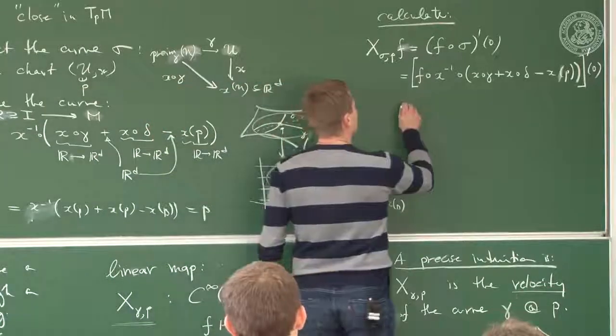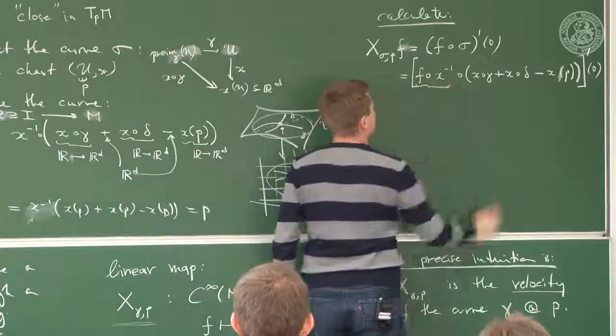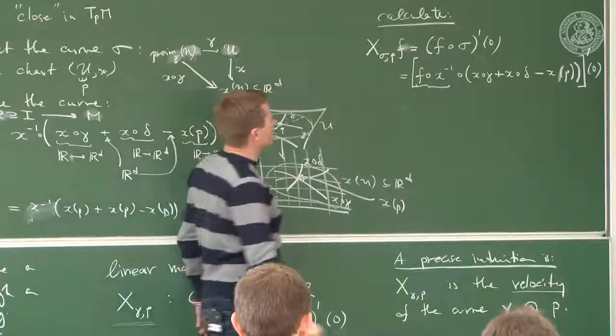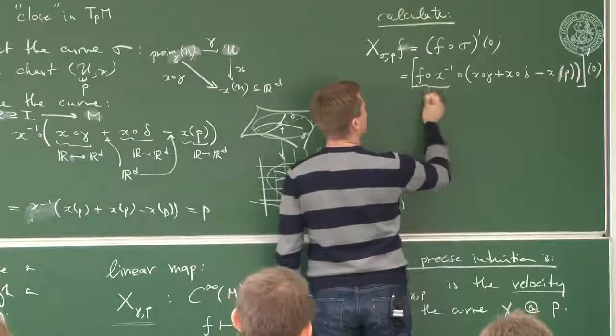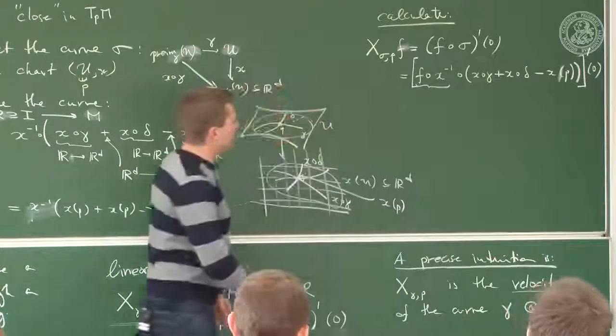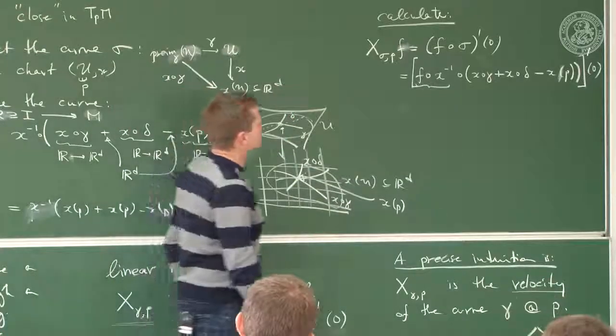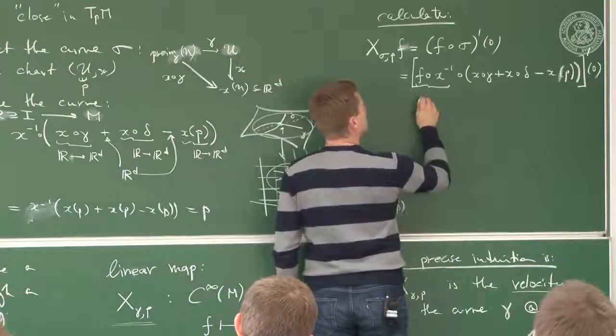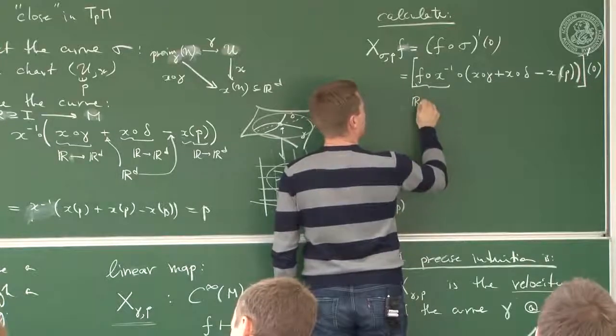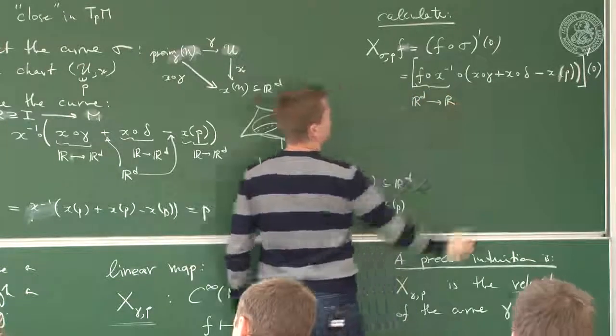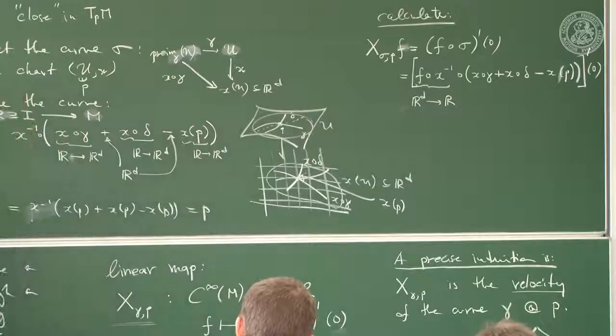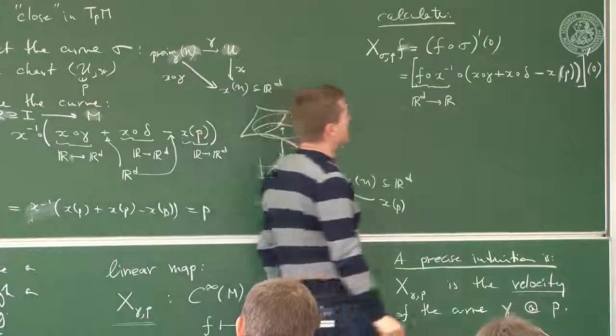Now, again, it helps to look at the domains and the ranges of these maps. F after x inverse, that is, hang on, that's a map from RD to R. It's the chart representation of the function on the manifold.